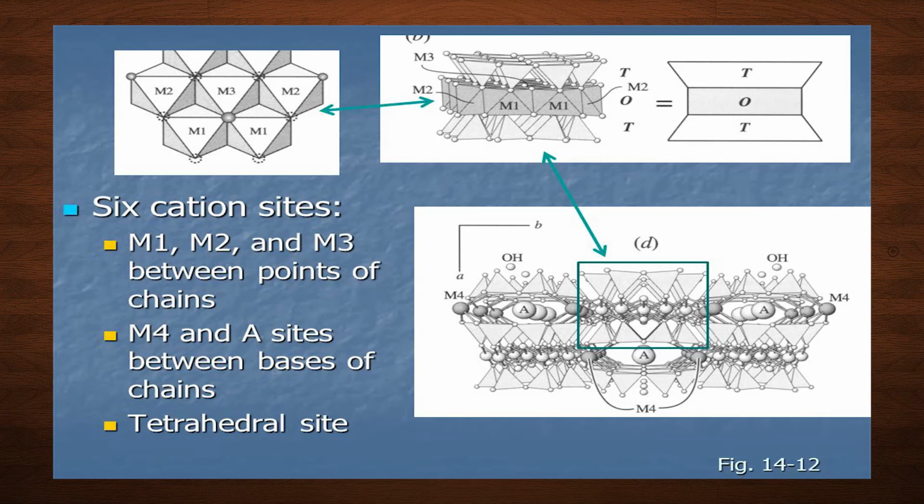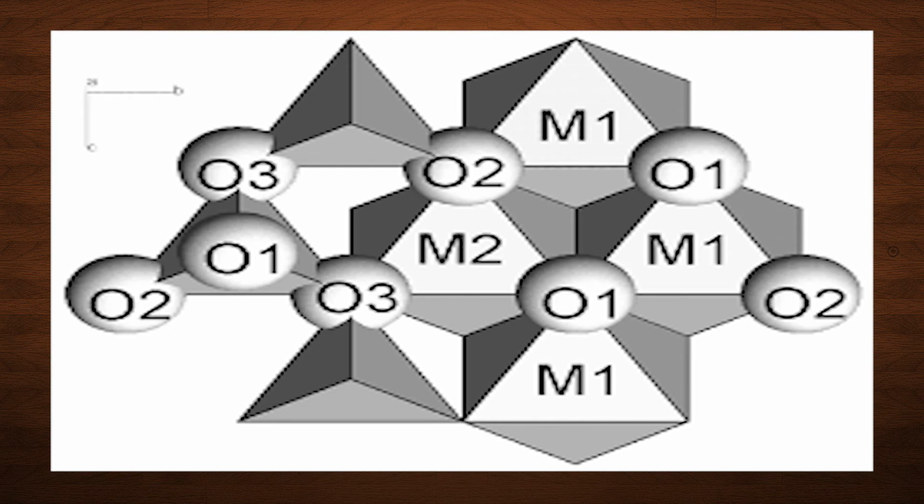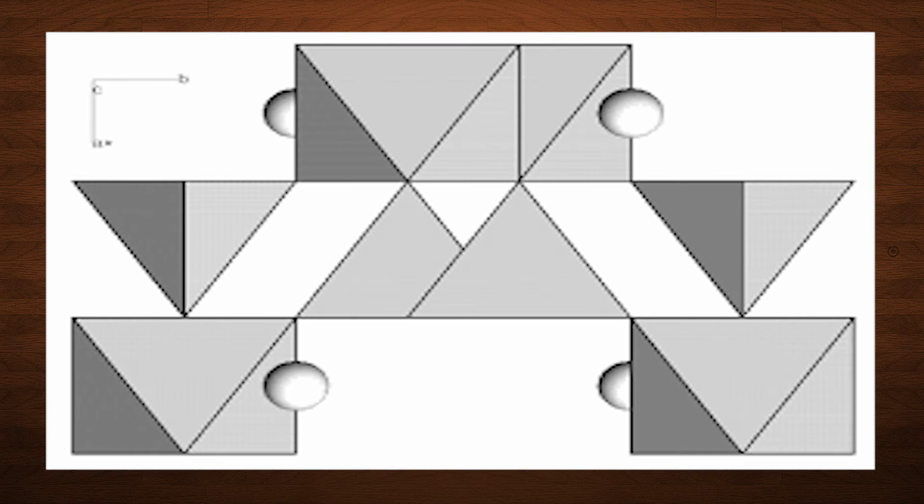Examples of phyllosilicates: mica type or 10 angstrom type. In this type, there is a layer of octahedrally coordinated cations sandwiched between two identical tetrahedral layers with the apexes of tetrahedra pointing towards each other.